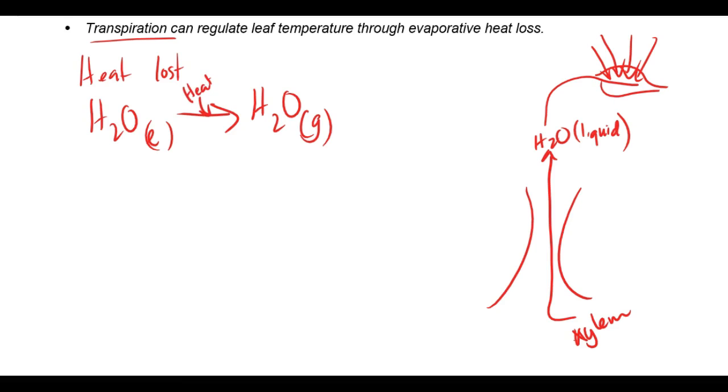Now, when it absorbs that heat, that essentially cools the plant down. It's like sweating. It cools the plant down, and then as long as you have a gap where that hot gas can escape, so yes, the stomata do open in this case, that hot water gas can actually leave the leaf and take the heat with it. Essentially, transpiration can help the plant through evaporative heat loss.